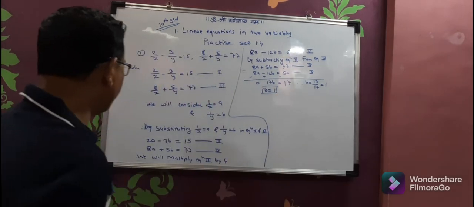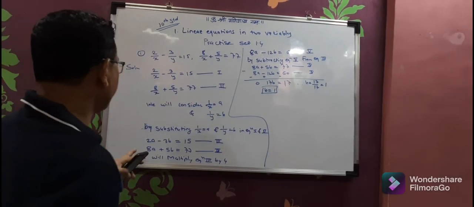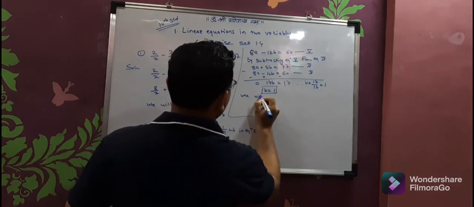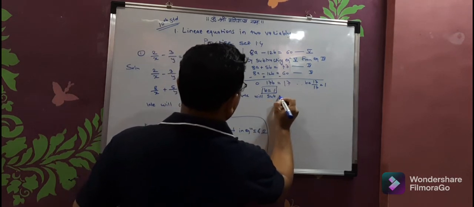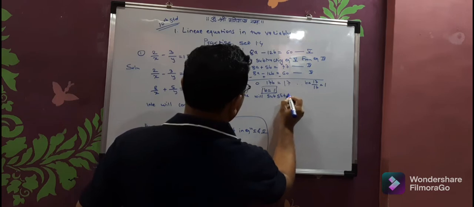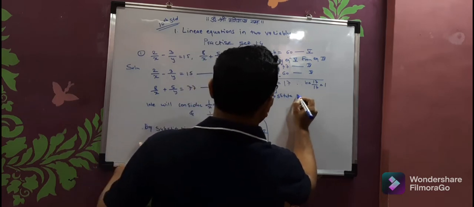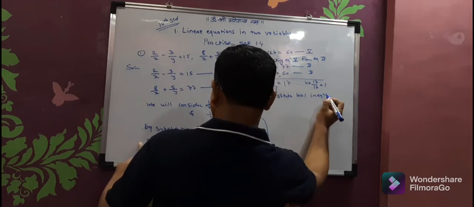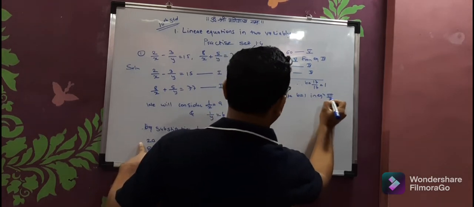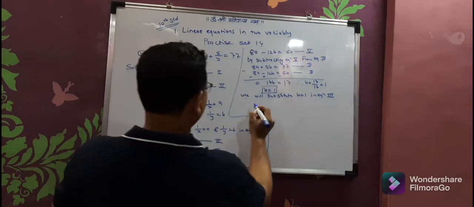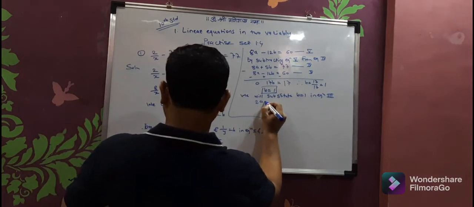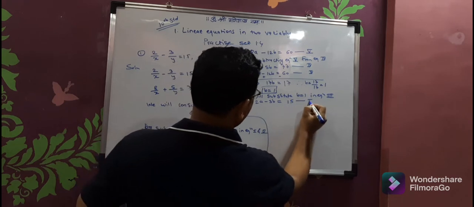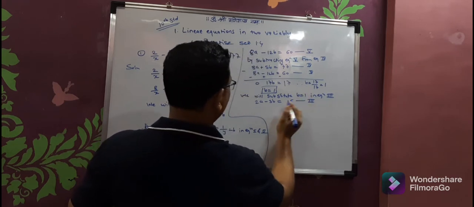Now we are going to substitute this value in equation 3. We will substitute b = 1 in equation 3. What is the third equation? 2a - 3b = 15. We'll put b = 1.